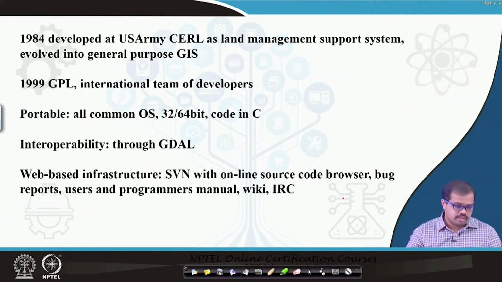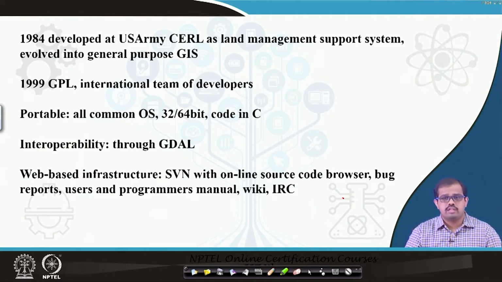It was developed in 1984 for the US Army as a land management support system and evolved as a general purpose GIS. In 1999, an international GPL team of developers took this over. It is actually portable.